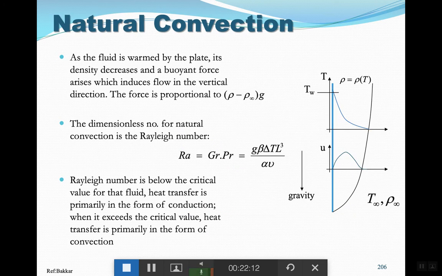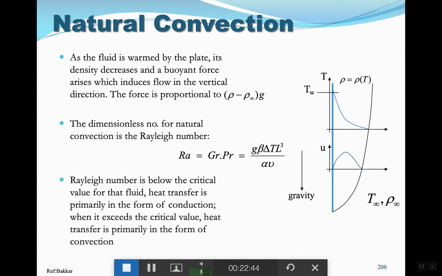So in natural convection, the force that is moving the flow is proportional to the difference between the density at higher temperature and the density at standard temperature, multiplied by gravity, because it depends on gravity. Depending on where you are, on Mars, on the moon, or on Earth, you're going to have different natural convection forces.